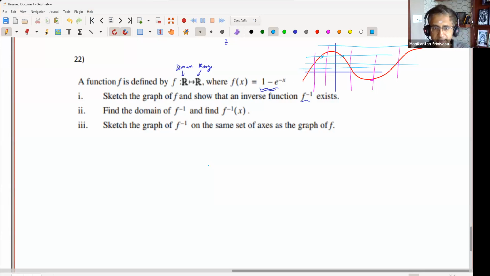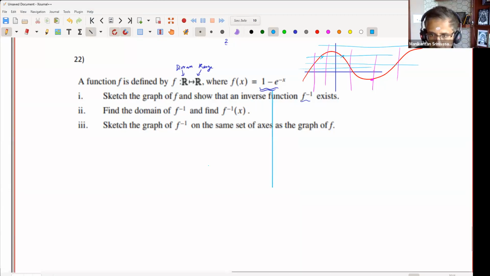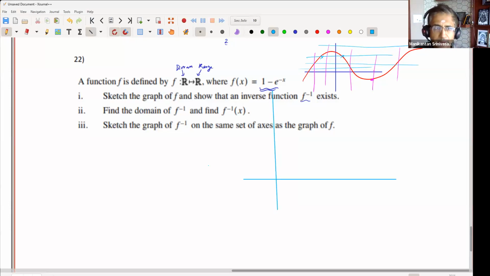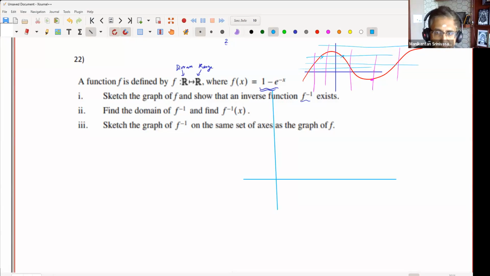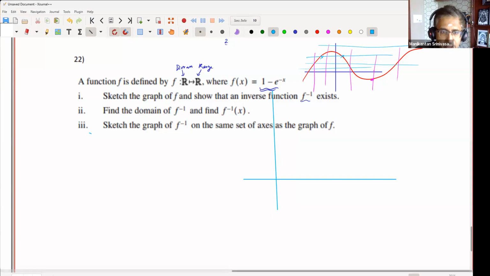So in this case, he says, show that an inverse f inverse exists, by sketching the graph. So let's sketch the graph. x-axis, y-axis. 1 minus e to the power minus x. Let's understand what will happen. You can just draft up a few values for x and see what 1 minus e to the power minus x is.